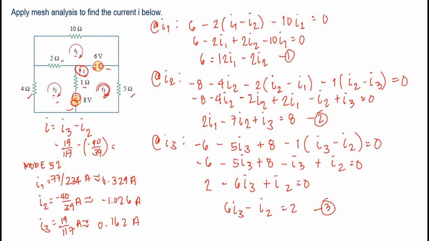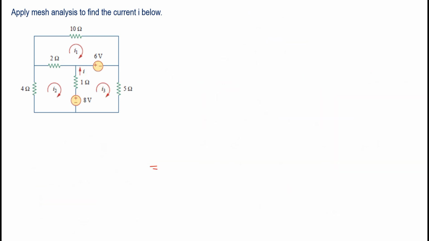Then let's go back to the normal mode. 19 over 117 plus 40 over 39. Since negative times negative is positive, we have 139 over 117 ampere, or that's equal to 1.188 ampere.